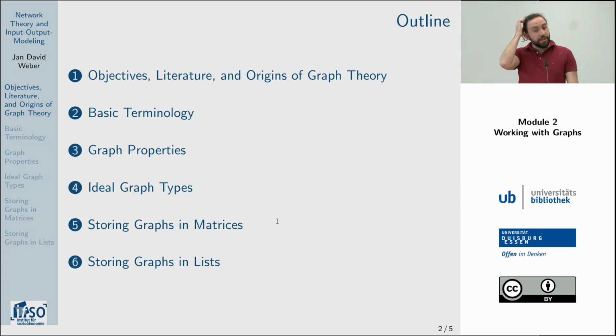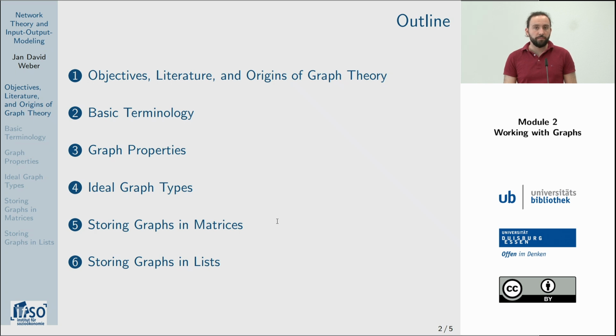So the video we're watching is exactly the objective, literature and origins of graph theory video, which is the first video outlined for this module. The next video will be on basic terminology in graph theory that we will use throughout the rest of this class.